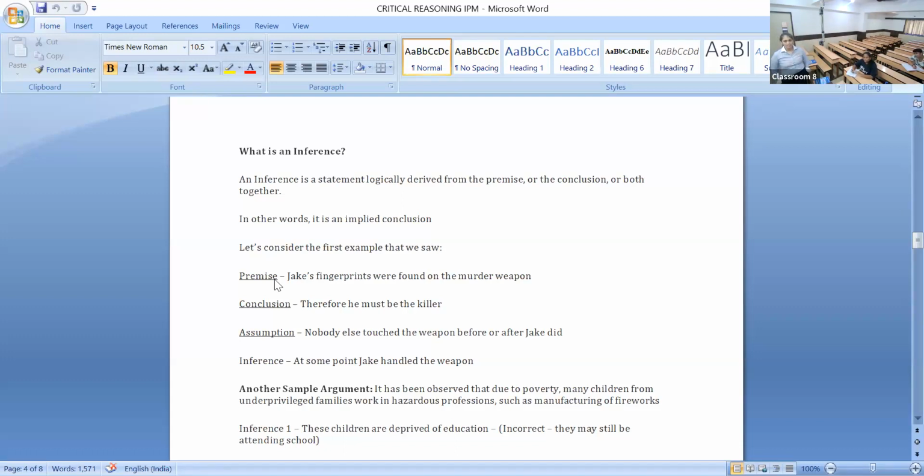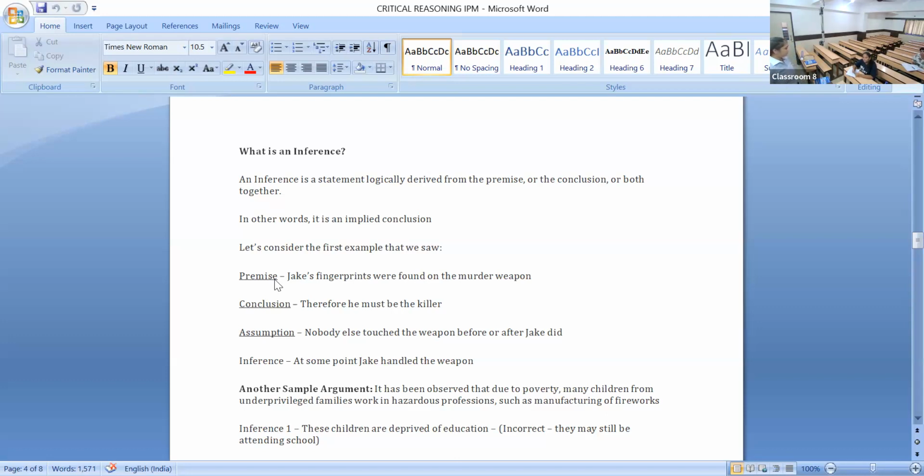Are we clear, Sneha? So we are saying that inference is related to the premise or the conclusion, not based on your assumption. Please remember this. We say he must be the killer, however at some point Jake handled the weapon. That's an inference.